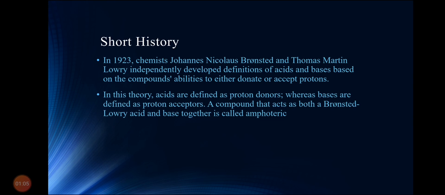In this theory, acid is defined as a proton donor, whereas a base is defined as a proton acceptor, and a compound which acts both as a proton acceptor and a proton donor is called amphoteric. You can say a compound that acts as both Bronsted-Lowry acid and Bronsted-Lowry base is called amphoteric. By amphoteric we mean that it has both characters, both natures, like it would be acid in one case as well as base in another case.